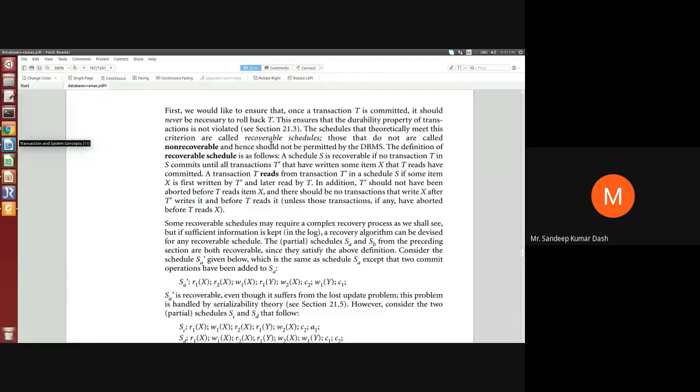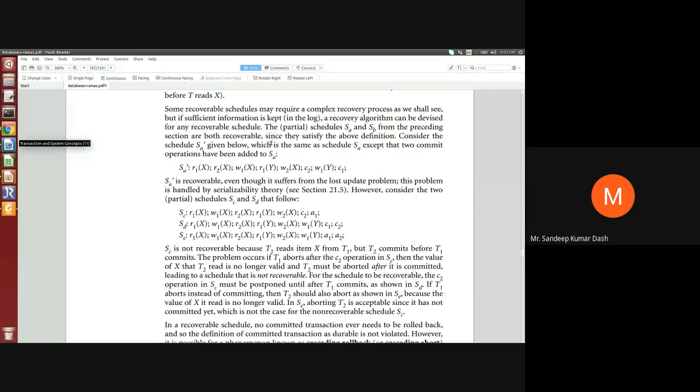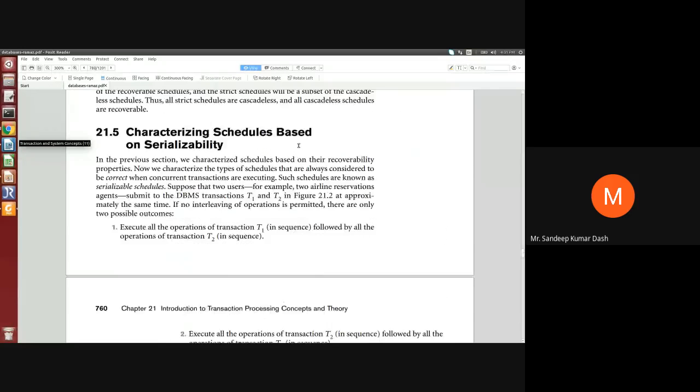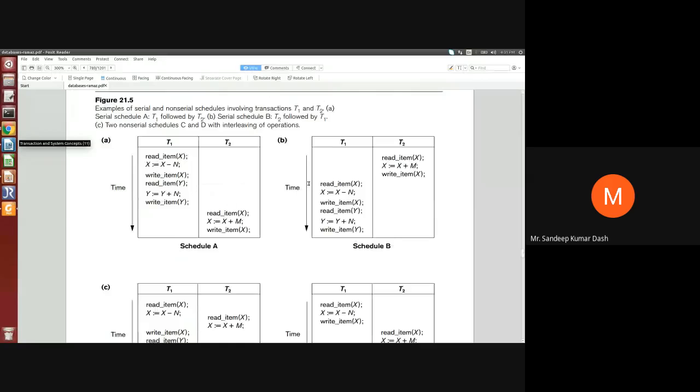So these are some of the examples of the schedules that are being drawn here. Here you see this is a schedule named A, where there are two transactions T1 and T2. T1 is performing some set of operations, T2 is performing some set of operations. So this is a serial schedule.